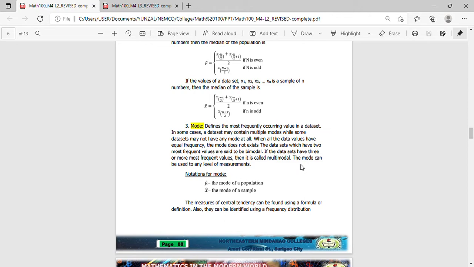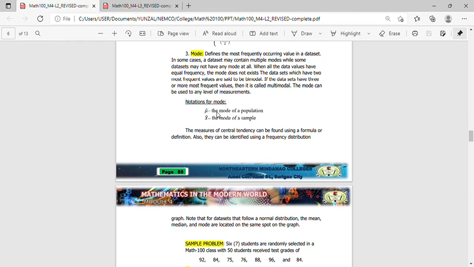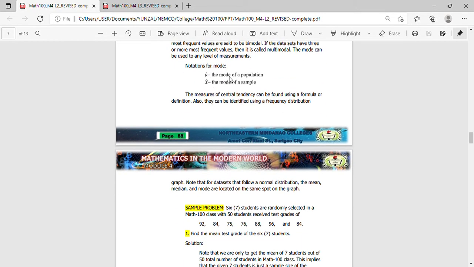But when the data sets have two most frequent values, it is bimodal. If the data sets have three or more most frequent values, then it is called multimodal. The mode can be used to any level of measurement. So, again, this is the symbol for the mode of population. And this X with above line is the symbol for the mode of sample.